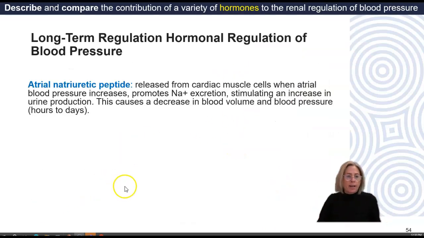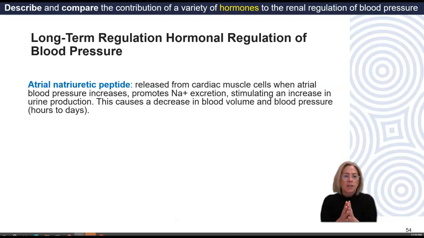The third one then is atrial natriuretic peptide. Wherever you see the word natriuretic, you know we're talking about sodium, okay? Now this is the antagonistic hormone to aldosterone. Because aldosterone causes sodium reabsorption from the filtrate, this hormone is going to promote sodium excretion.